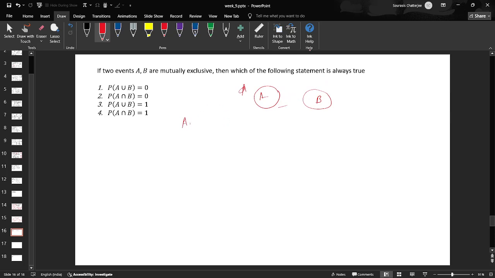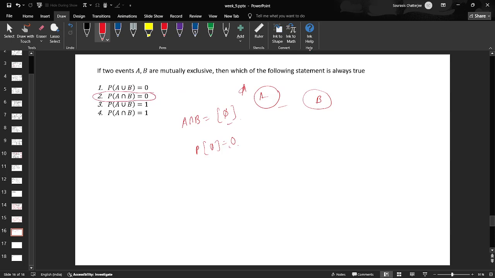So if I do A intersection B, you are going to see that it is a null set. It contains nothing, and the probability of the null set is 0. So the probability of the intersection of A and B is 0. You can see there is only one option, and that is this.